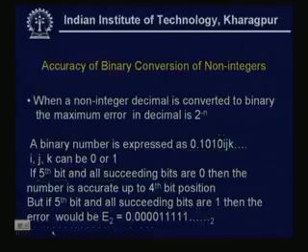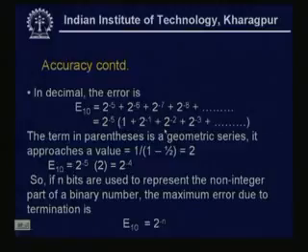Now we see how we have approximated this. In decimal the error is E10. How does it come? It is 2 to the power minus 5, 2 to the power minus 6, 2 to the power minus 7, plus 2 to the power minus 8.